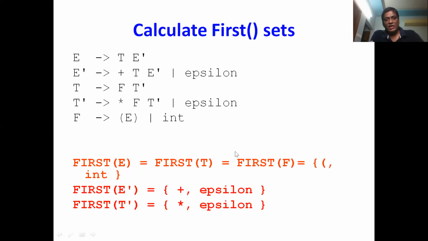So luckily here, first of F did not contain any epsilon. If you see, first of F is open parenthesis and there is no epsilon here. Therefore, we consider only first of F. We will not perform union with T dash here. Okay, I think you understood now.